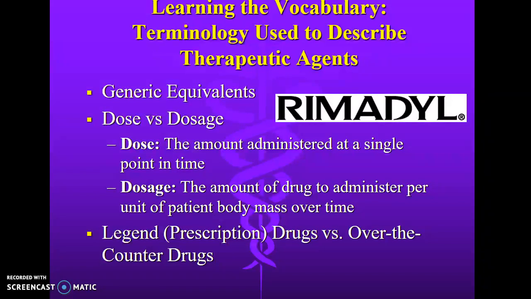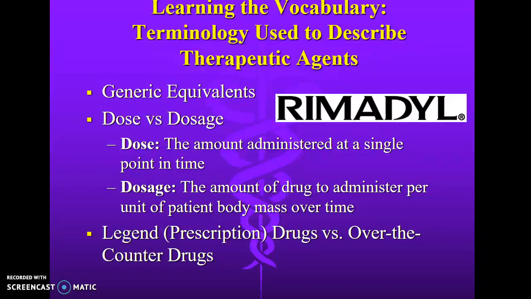They can name their price. They have spent a lot of money bringing it to market, so that's why they get that exclusive right. After that time, what are called generic equivalents can be sold by other companies, and they will have their own trade names for them. You may be familiar with Rimadyl.